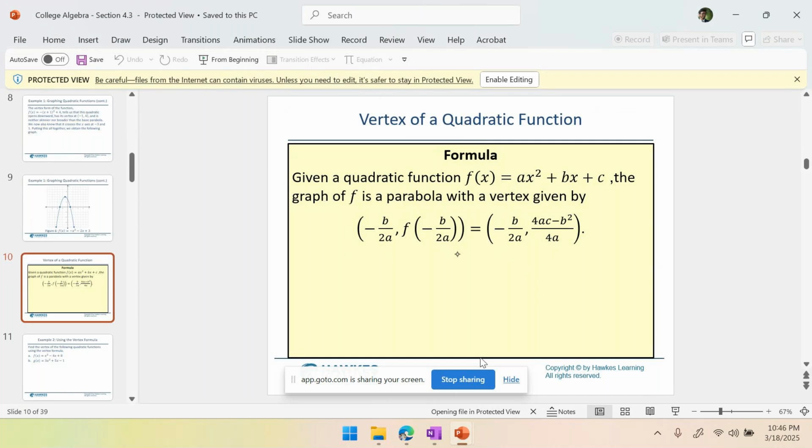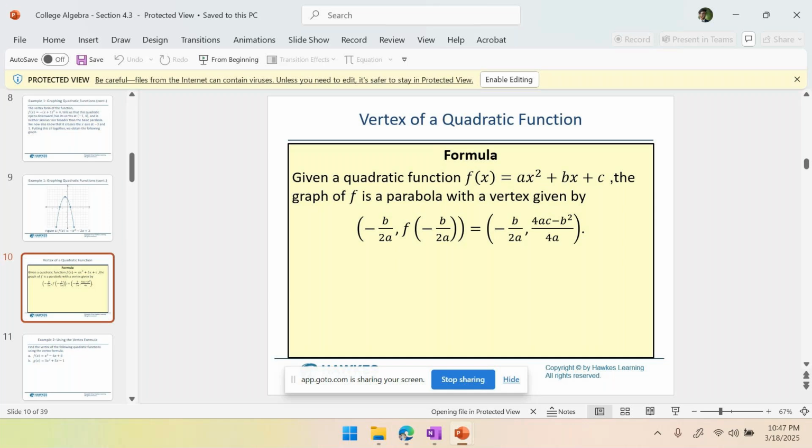Sometimes it will be easy to use this one, and sometimes it will be easy to use that one. Here you should notice that the x coordinate in both these cases is the same, and here the y coordinate is given with respect to the given function, and here it's given with respect to the a, b and c values. I recommend you do these problems in the slide.